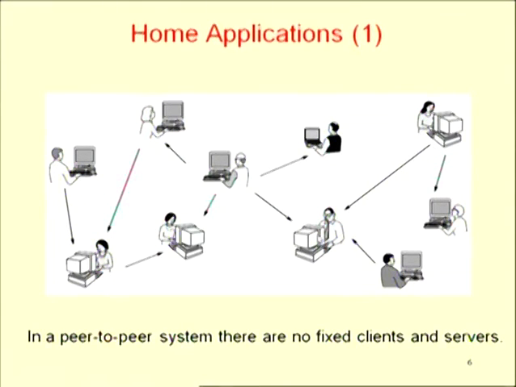But the major difference between the previous slide and this slide is that none of the machines are acting as server or client. If it were like that, then the server's permission would be required for any of the communications.